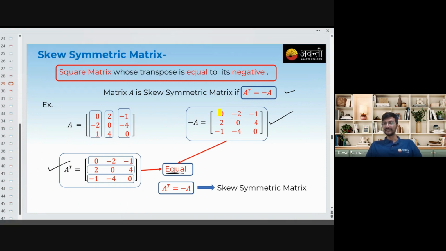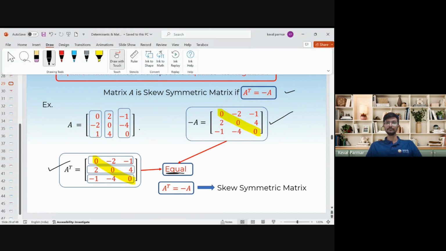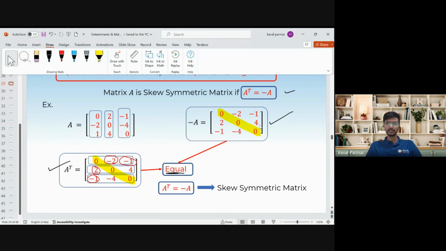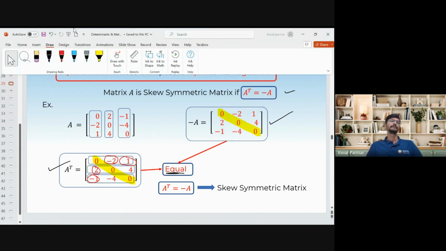One thing, the diagonal elements will always be 0. And it will act as a mirror, but with a negative sign. Correct? Here it should be 1. Sorry guys, here it should be 1, right? Chalo.